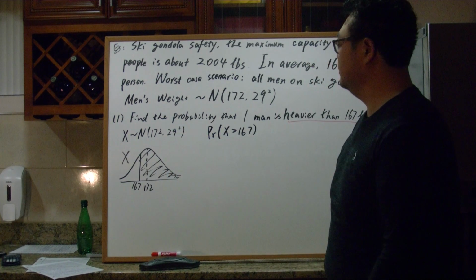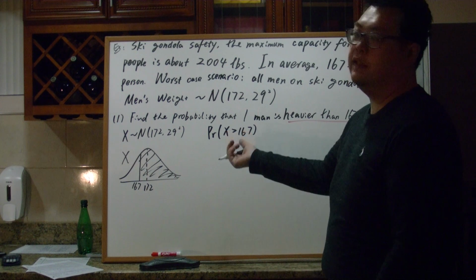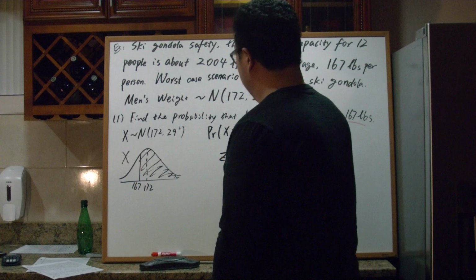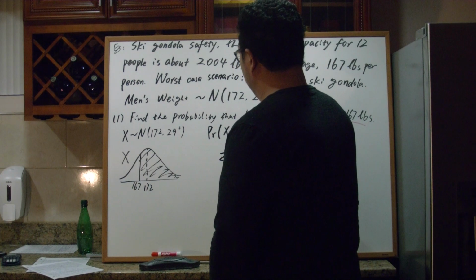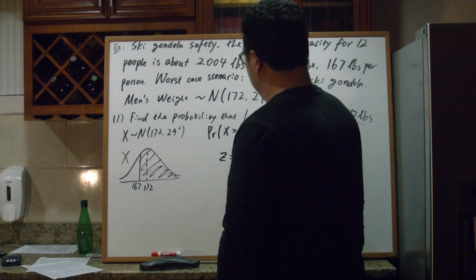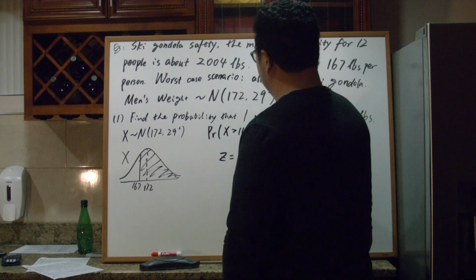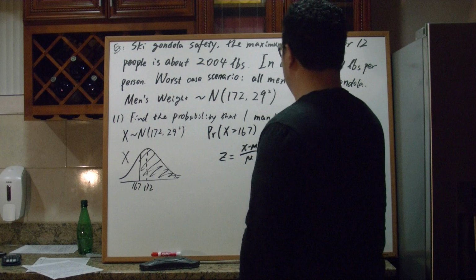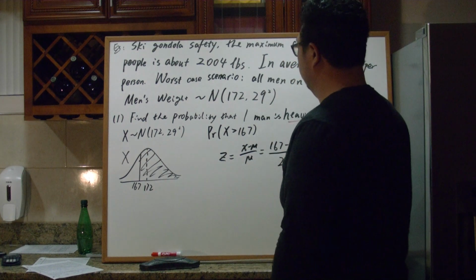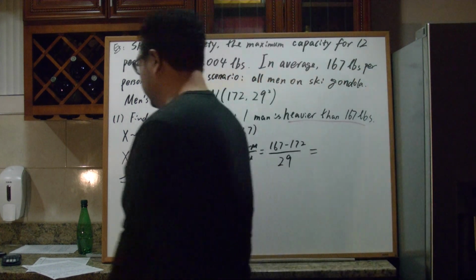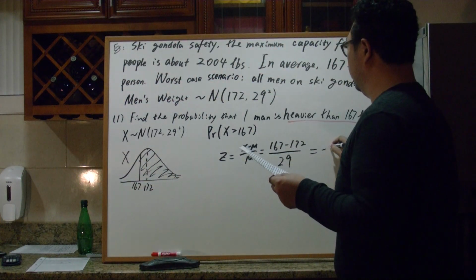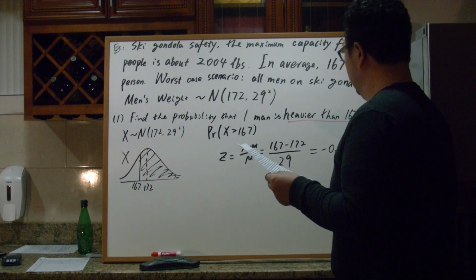Then, since the standard deviation and mean are given, we can find the z-score: the value we're looking for, 167, minus 172 for the mean, divided by the standard deviation of 29. We can use a calculator to find the score. That's negative 0.17.